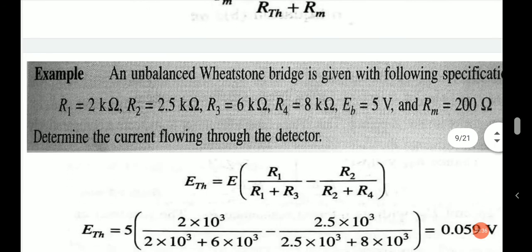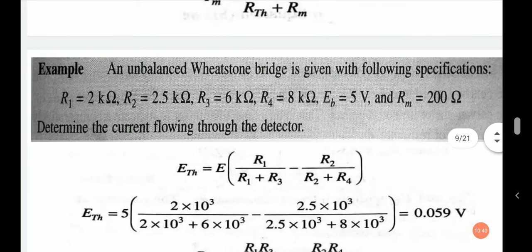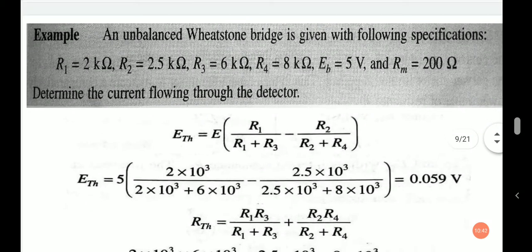Now we will see one numerical. An unbalanced Wheatstone bridge is given with the following specifications. R1 is 2 kilo ohm, R2 is 2.5 kilo ohm, R3 is 6 kilo ohm, R4 is 8 kilo ohm.